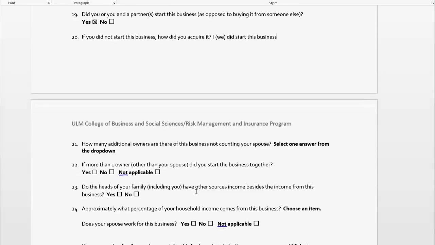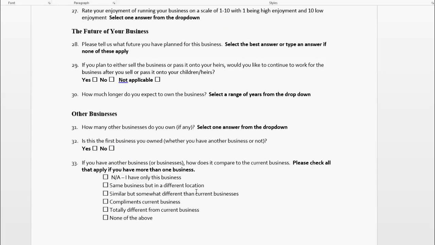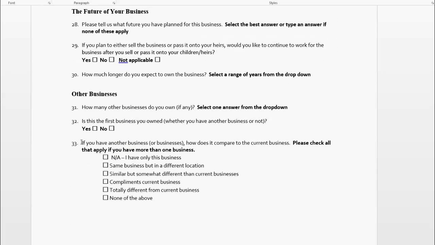And from here down, I think that most of this is self-explanatory. This question here at number 33, if you have another business, how does it compare to the current business? Here again is another, please check all that apply if you have more than one business. So if you only have one, you'll just check here. If you do have other businesses, maybe it's the same business.